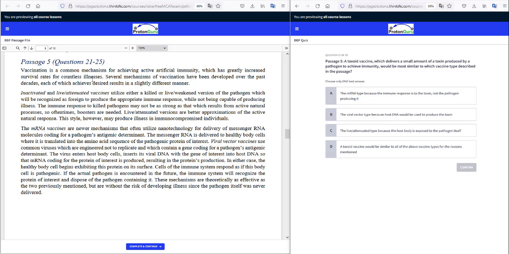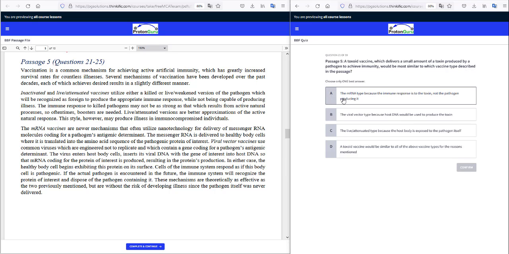This is a passage about vaccination, different vaccination strategies, so something that's kind of relevant to our current situation with these viral infections. Our first question is question 21. A toxoid vaccine, which delivers a small amount of toxin produced by a pathogen to achieve immunity, would be most similar to which vaccine type described in the passage?